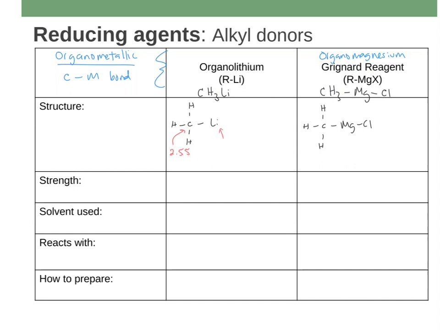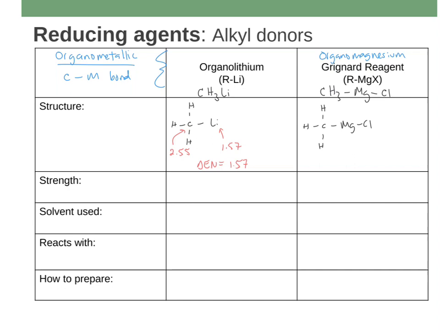Lithium is around 1.57, so the difference in their electronegativities is about 1.0. Just keep in mind that 1.7 is considered ionic. So we're getting real, real close to ionic.